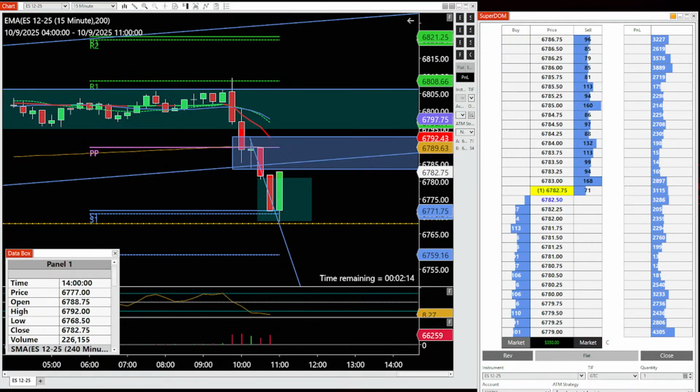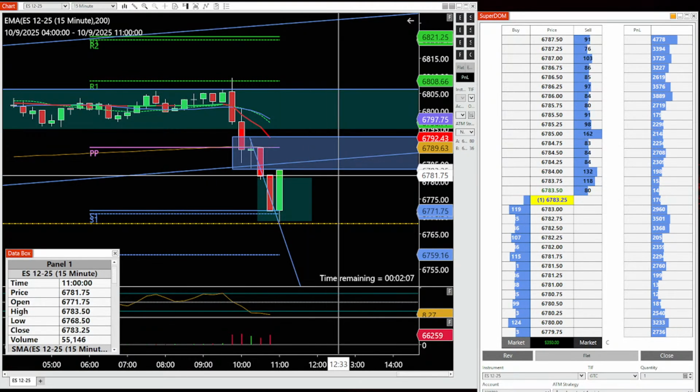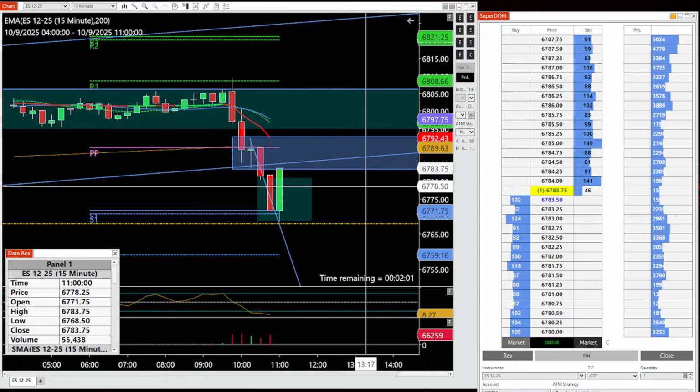I want to get short. I want to get short at 92. This is pushing back to 85.